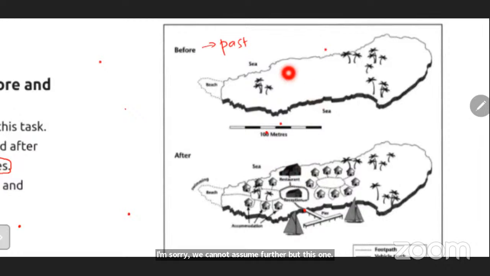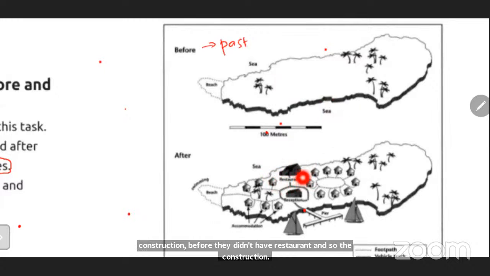So you can say that before, they didn't have any restaurant, and after the construction, they built a restaurant in the north side of the island.